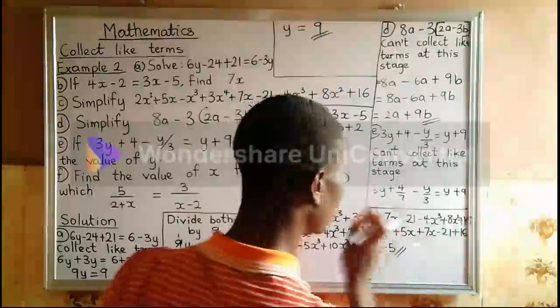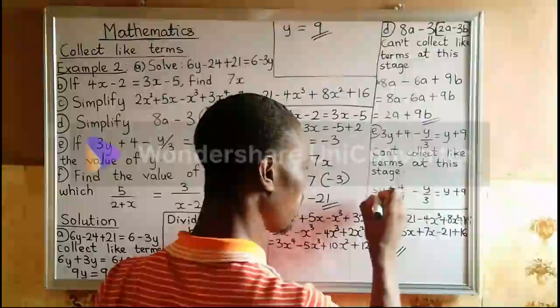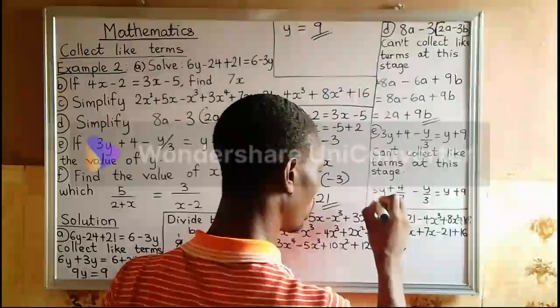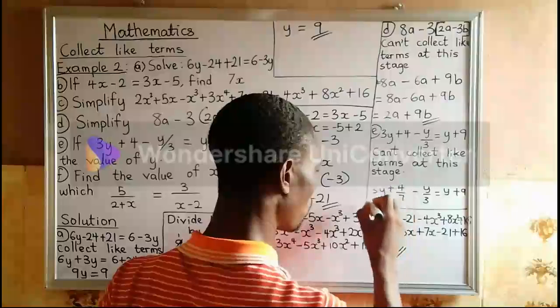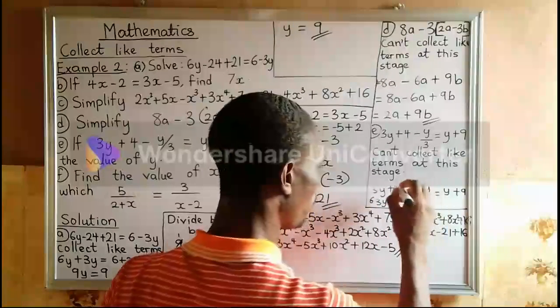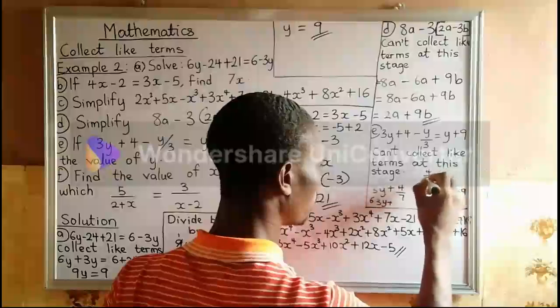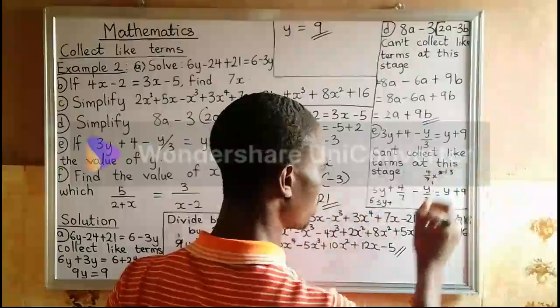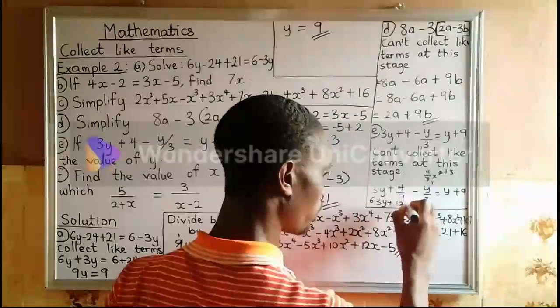Let's quickly do that now. So 21 times 3y will give us 63y. Then plus 4 over 7 times 21: 7 here 1, 7 here 3, 4 times 3 is 12. So that will give us 12.